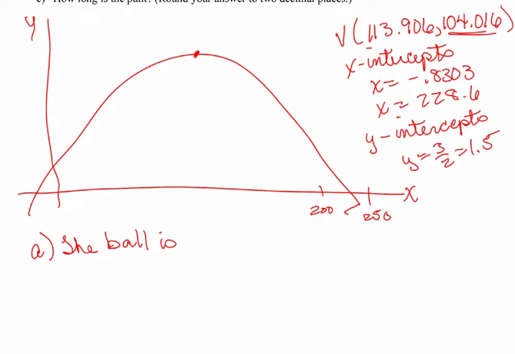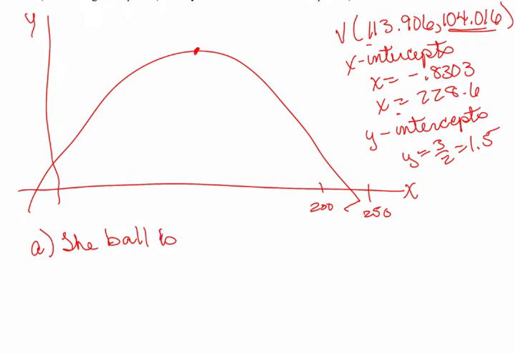So how high was it punted? It started out right here. The ball was 1.5 feet off the field when it was punted.